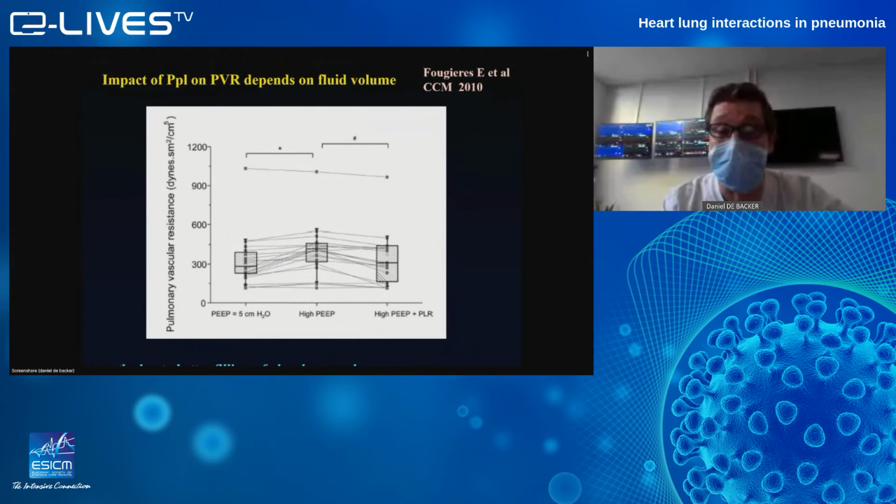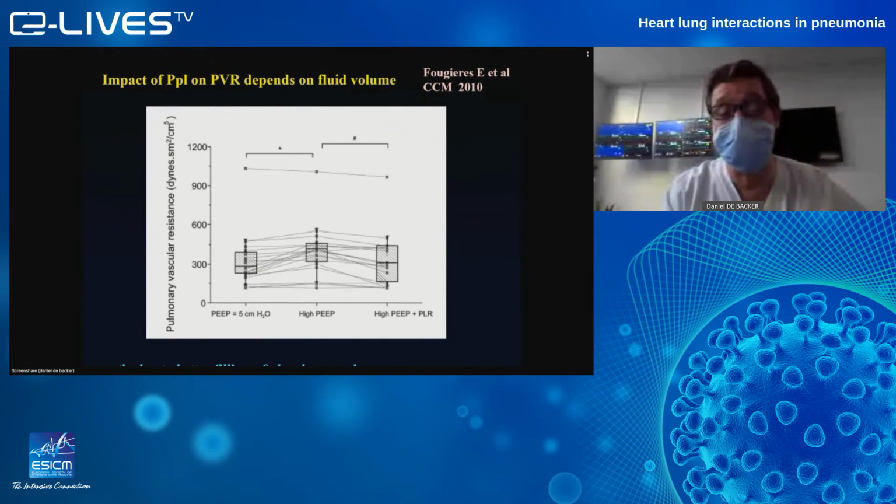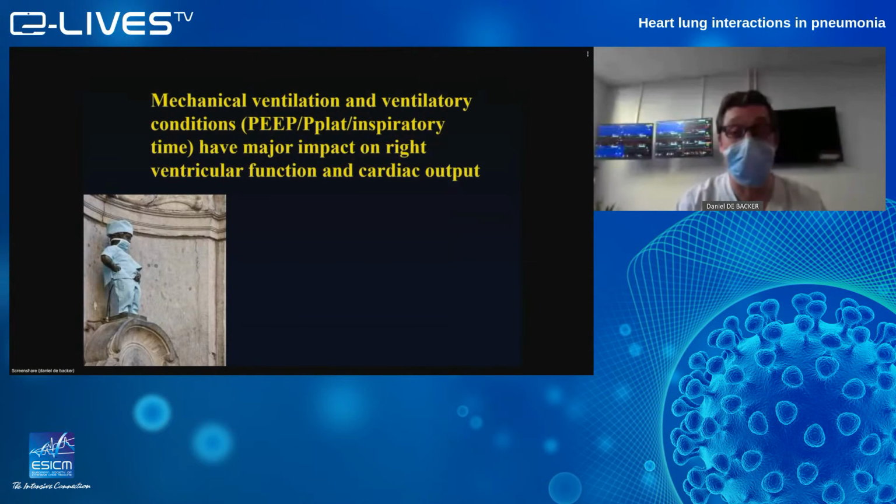And they returned the pulmonary vascular resistance to the baseline. So this is really showing that adequate filling of the left atrium may somewhat reduce the pulmonary vascular resistance, and maybe in some conditions also improve the right ventricular function indirectly.